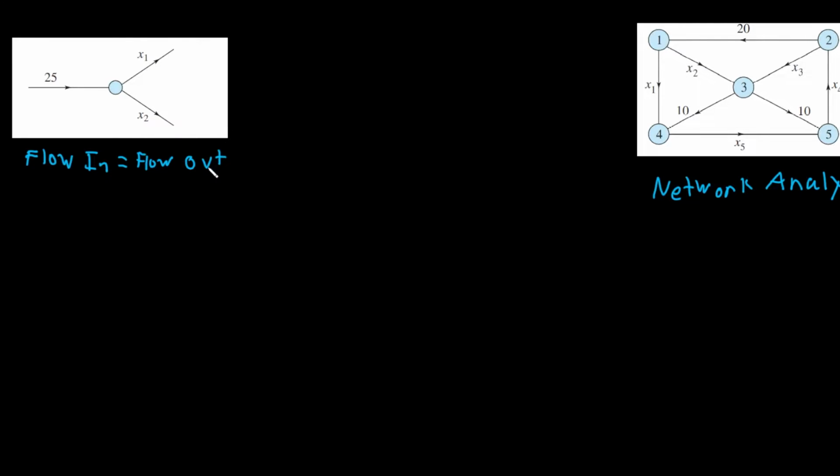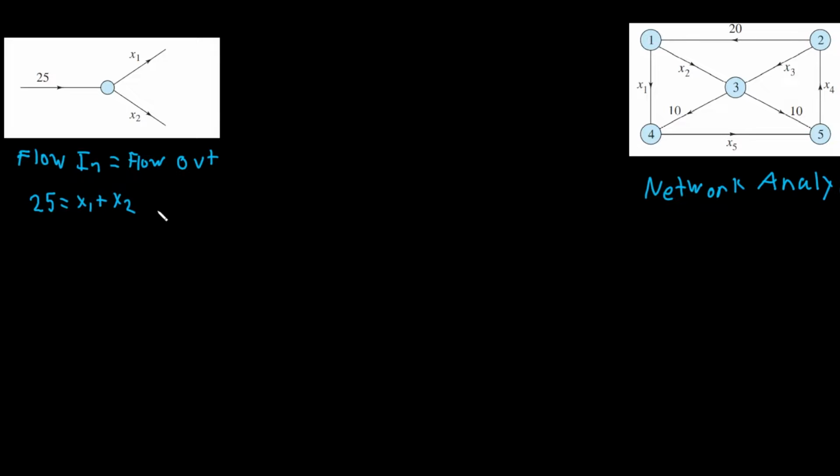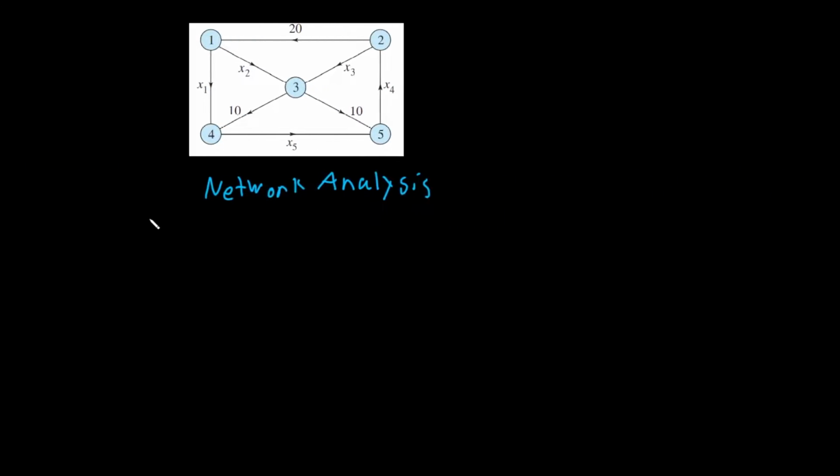So here, the flow into the junction has to equal the flow out of the junction. So 25, which is a flow into this junction, has to equal x1 plus x2 because those are the flows out of the junction. So in a larger network, we have to apply this equation to each and every junction within our network. So let's go ahead and do that for this network over here.